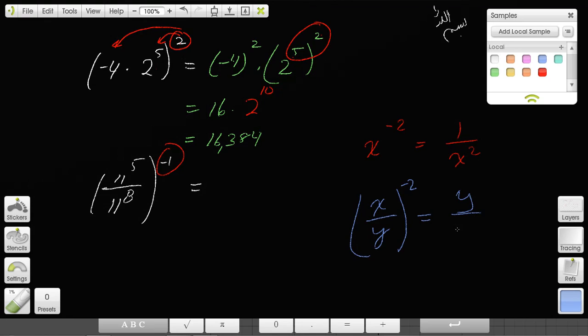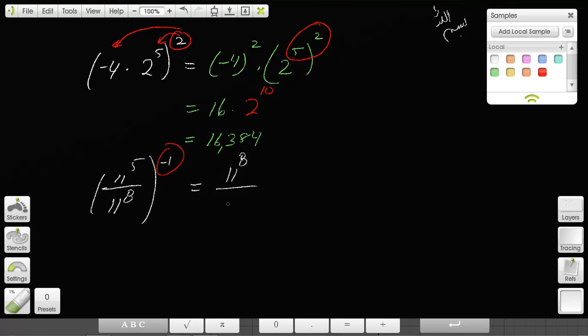It will be (y over x) to the 2. So here I would just flip the fraction. That's what the negative does. So this is 11 to the 8th over 11 to the 5th, and this is 11 to the 8 minus 5. This is 11 cubed, and this is 1,331. These are just some examples.